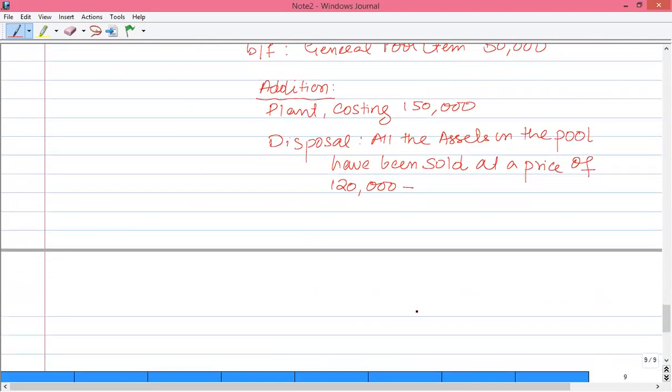Now, how much capital allowance is available? We have to find out the value of capital allowance.